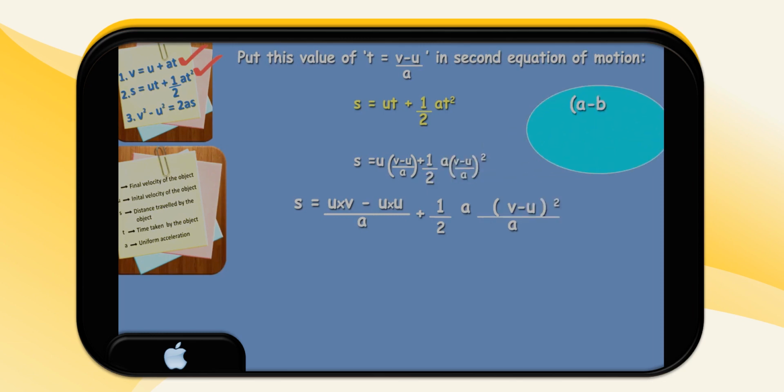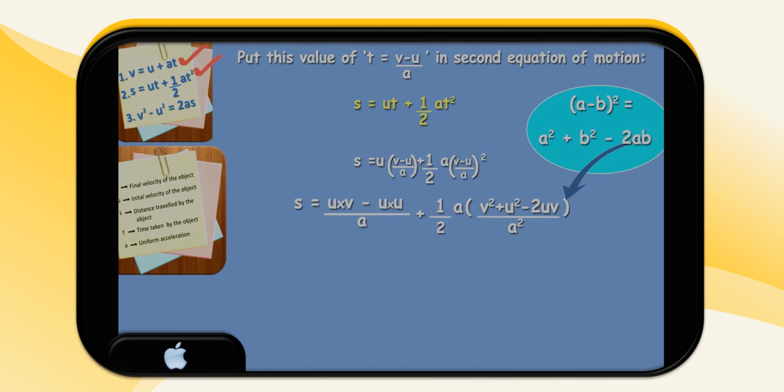So we know that (a - b) the whole square is equal to a square + b square - 2ab. Here we put this formula in this equation, that is, we get u(v - u)/a + half × a × (v square + u square - 2uv)/a square.